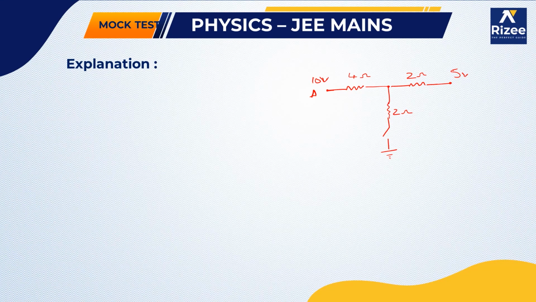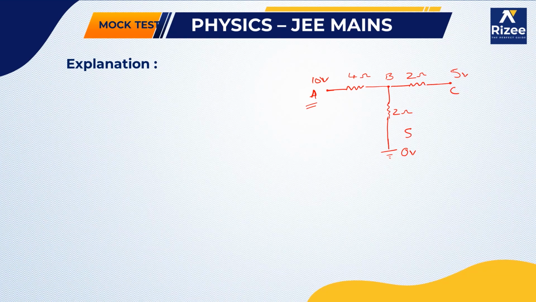Now when the switch S is closed, let's remove this point and join this line. Now this is obviously connected to the earth, in the sense its potential is 0 volts. Now this point A is at the higher potential. Let us name this point B and this point C.